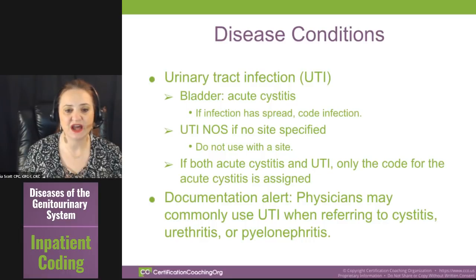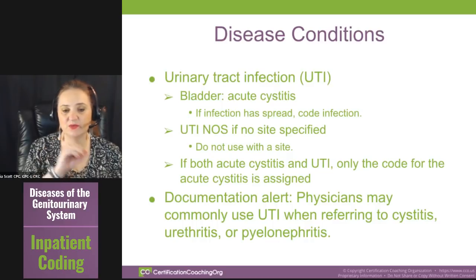If you have a UTI not otherwise specified, or NOS, that means that it's not stated whether it's the bladder or the kidneys. But you could have acute cystitis and a UTI, and you only code for the acute cystitis.